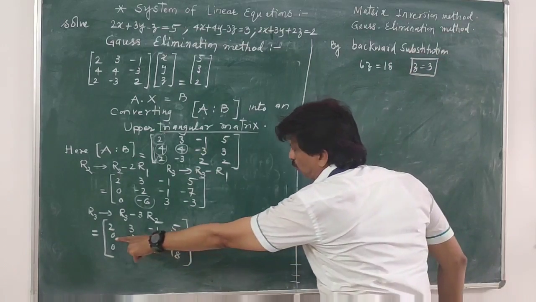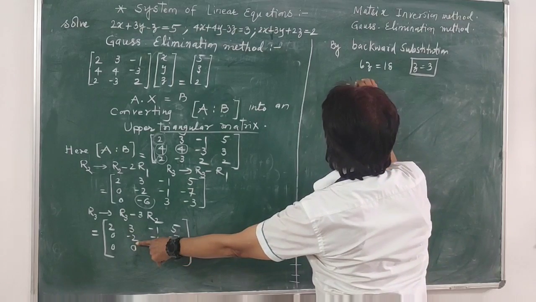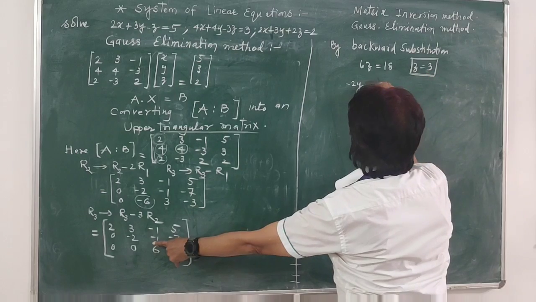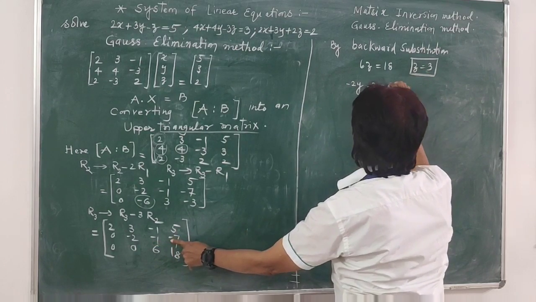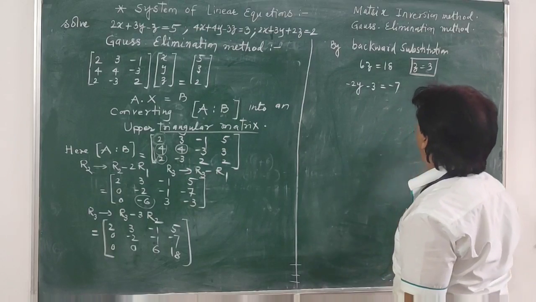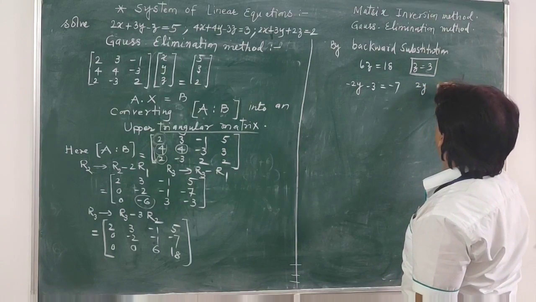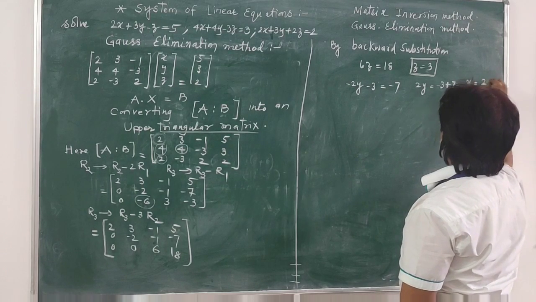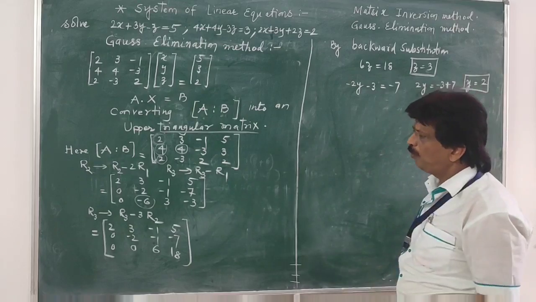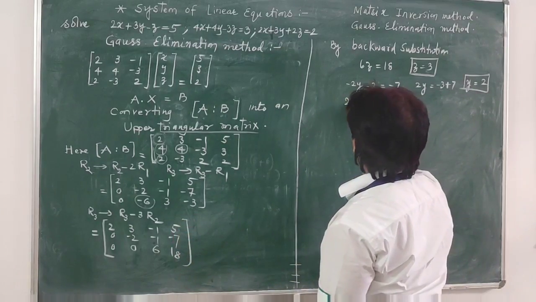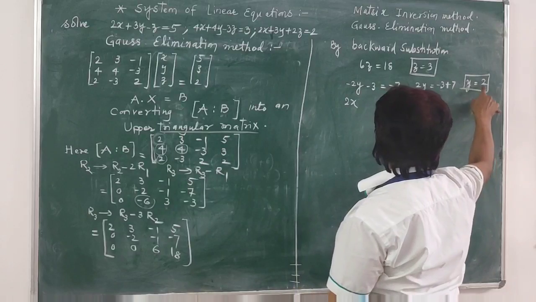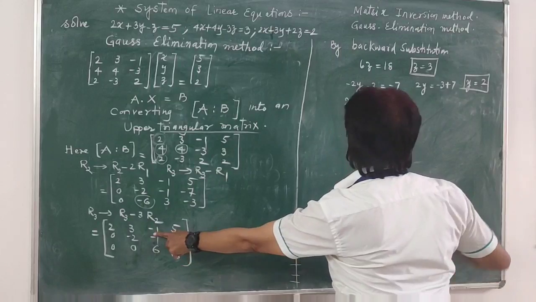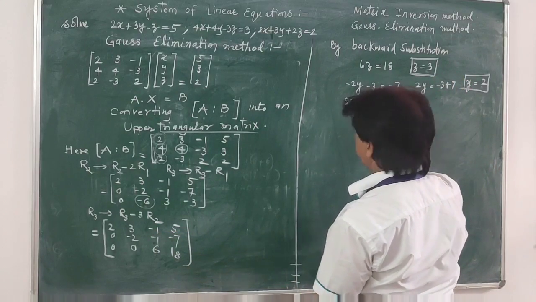And from the second equation, second row, sorry, minus 2y minus z minus 3 is equal to minus 7. So 2y is equal to minus 3 plus 7. Therefore y is equal to 2. Now from the first equation, 2x plus 3y minus z is 5, z is 3.